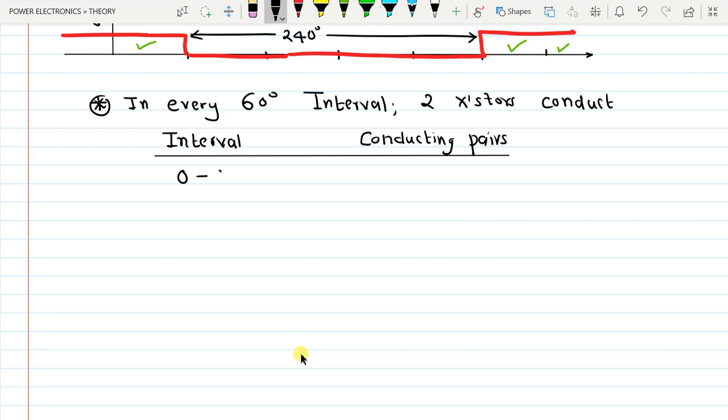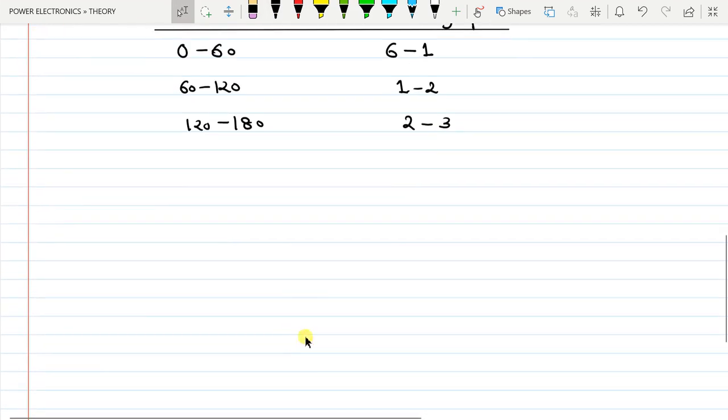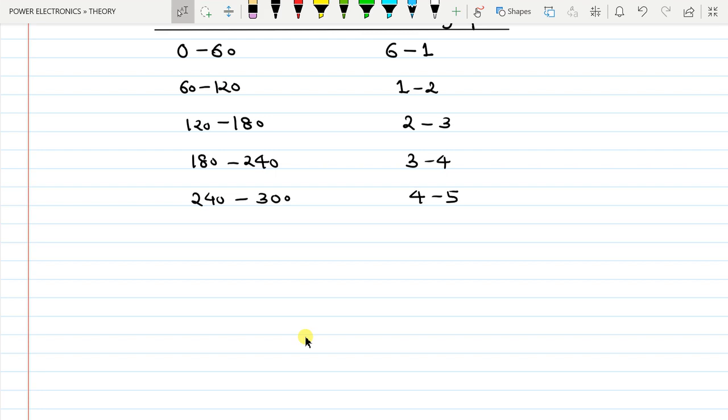So 0 to 60, 6, 1, 60 to 120, 1, 2, 120 to 180, 2, 3. And it repeats again like this.